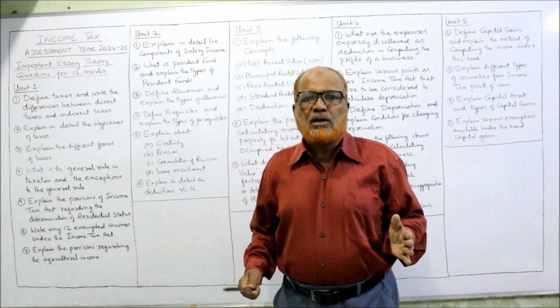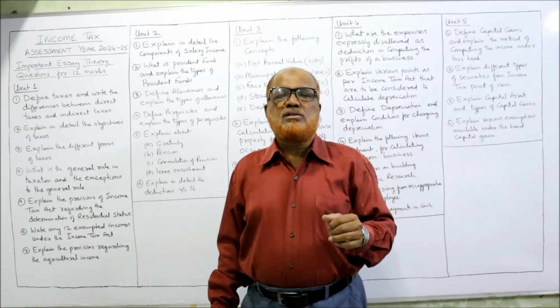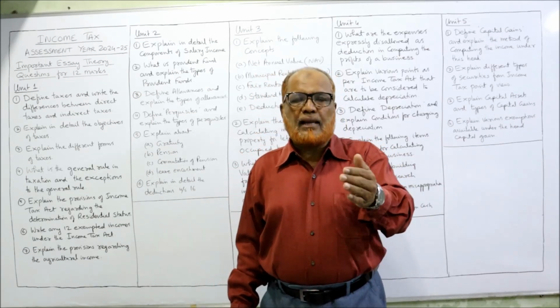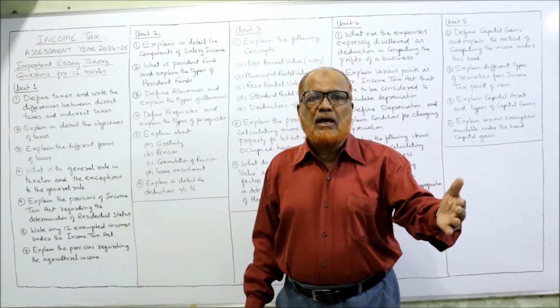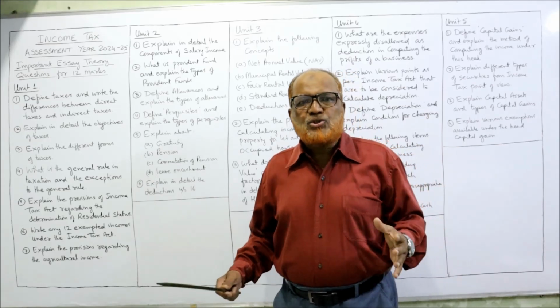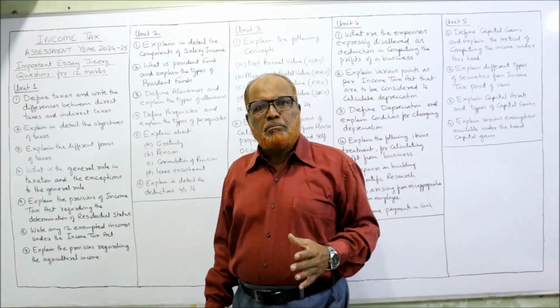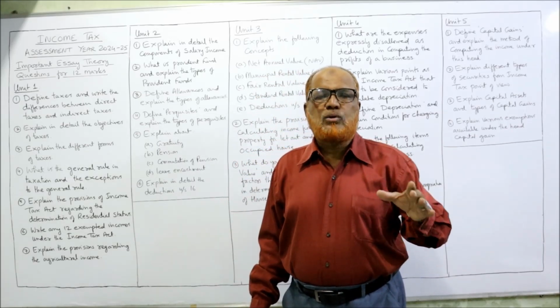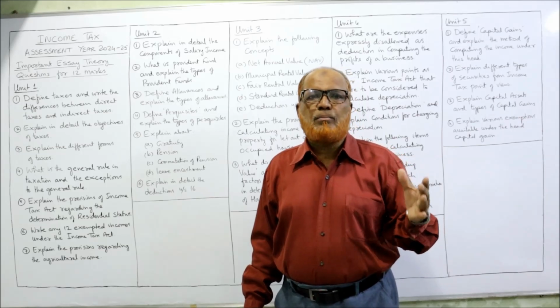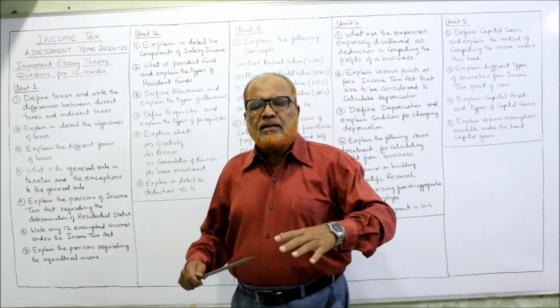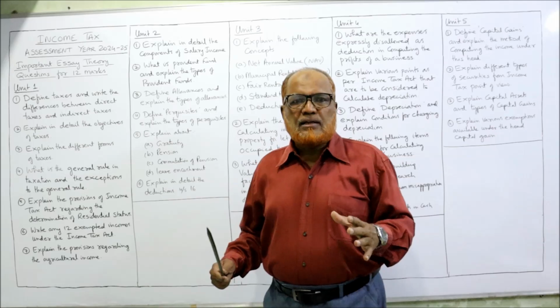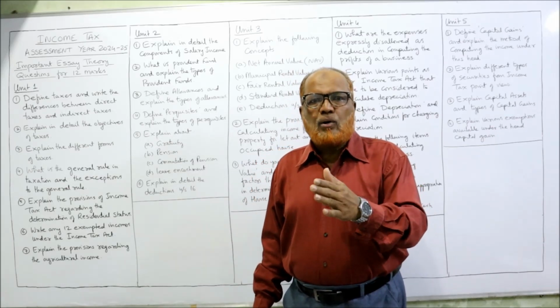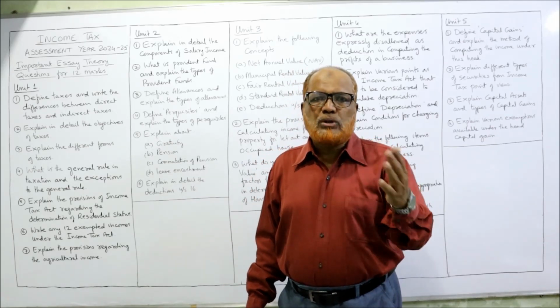From the government's point of view, tax is a revenue collected from the public for the common expenditure. From the administrative point of view, tax is a form of collection from the people according to the rules and provisions given by the Income Tax Act.